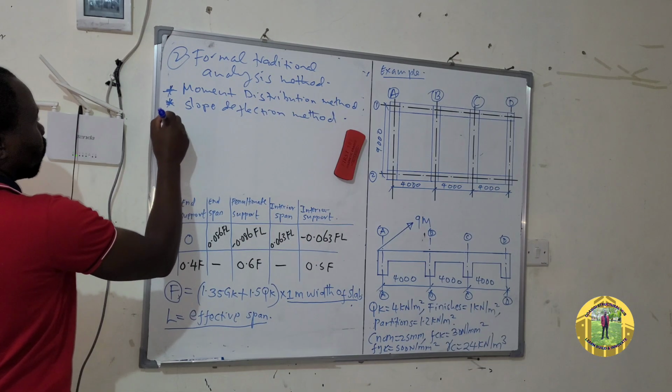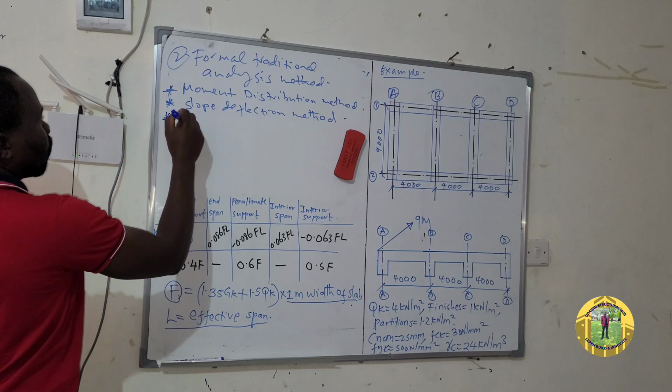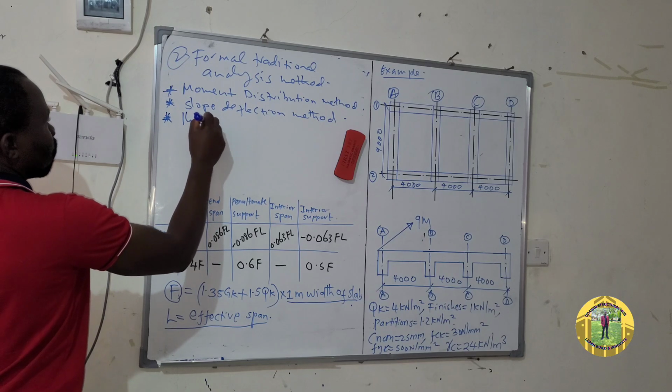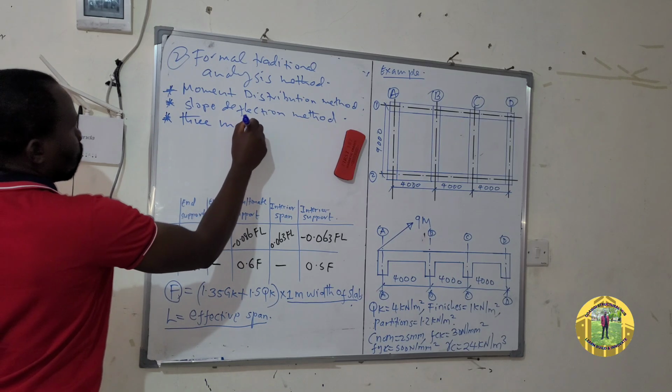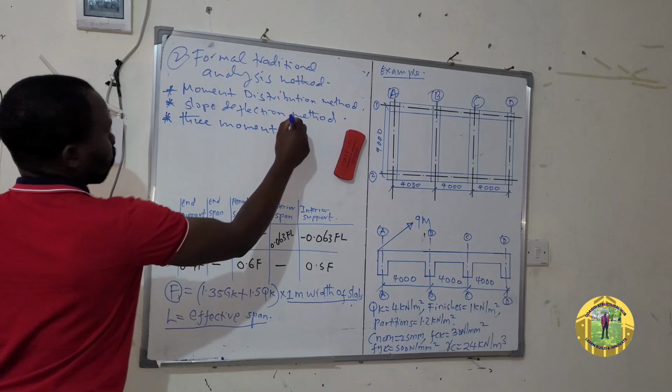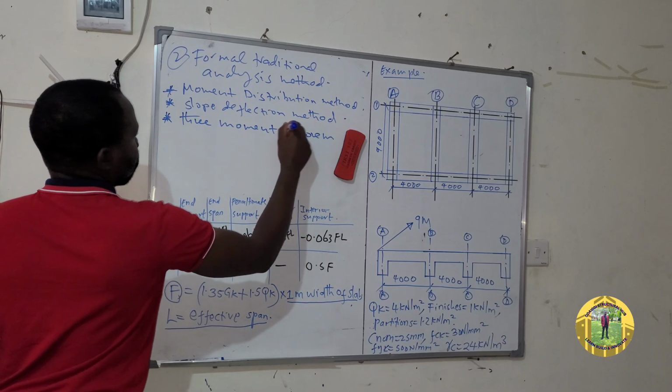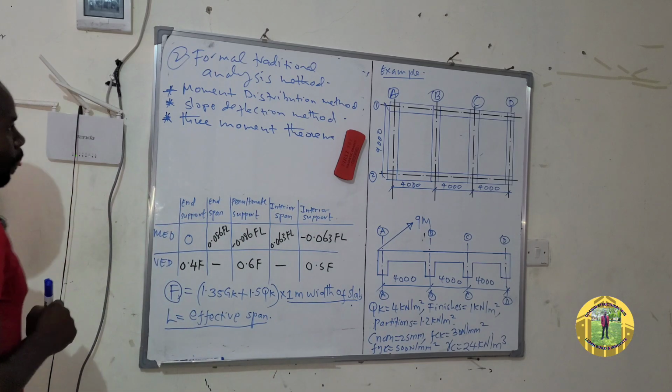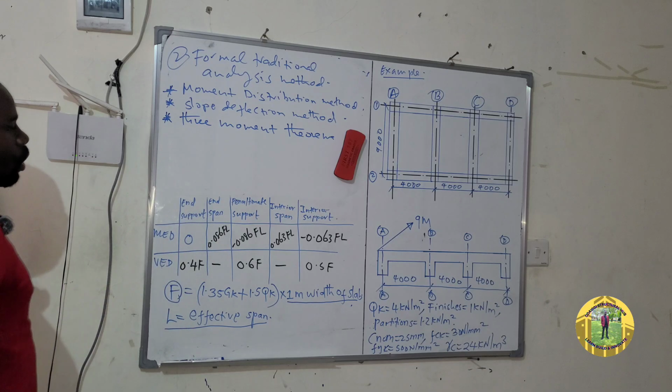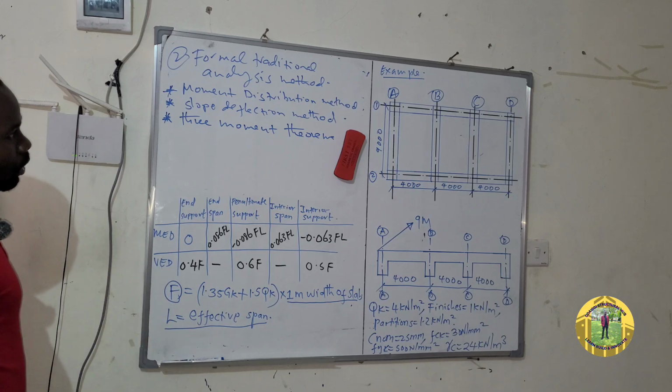So we have the third one, which is the three-moment theorem, or the Clapeyron theorem. So these are the methods you will employ if your slab will not meet the condition or the requirements already talked about earlier.